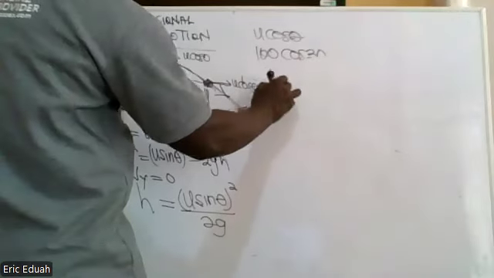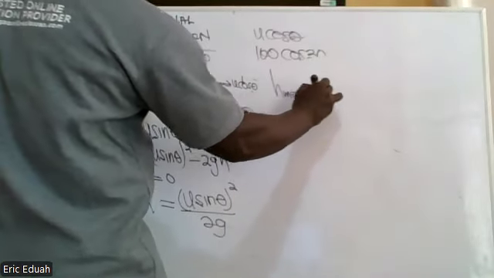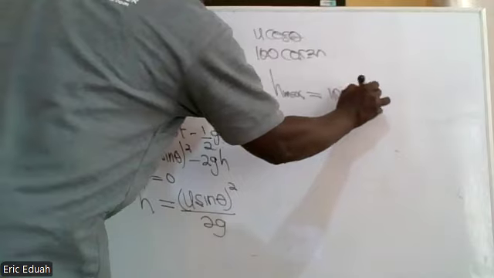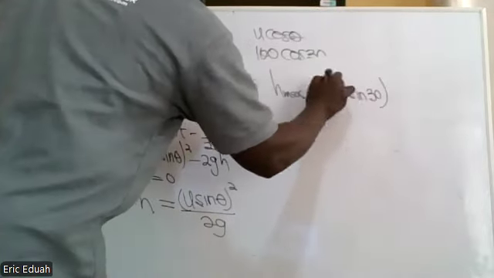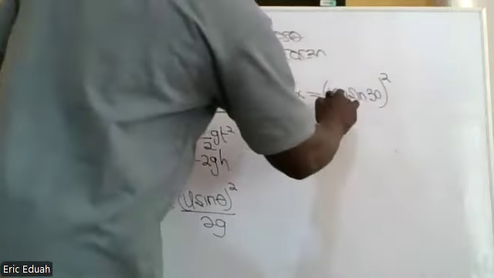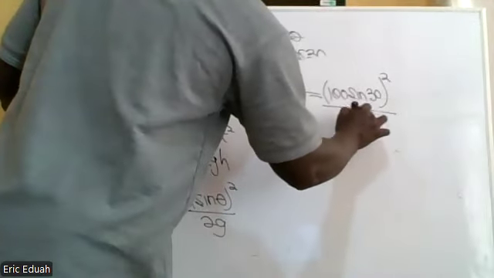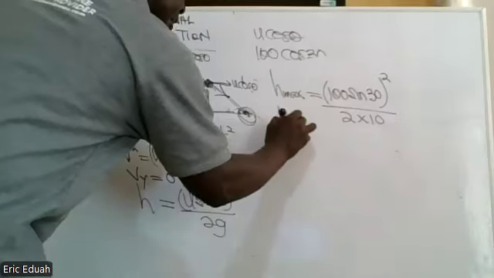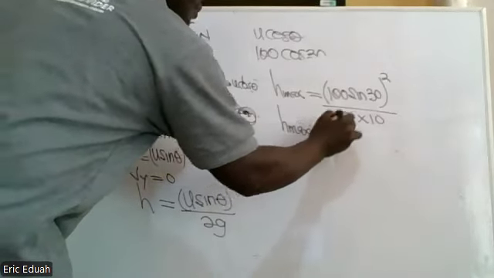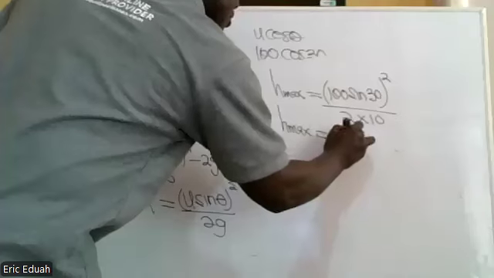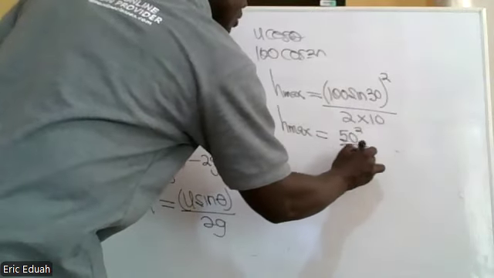So we have maximum height equal to (100 sine 30) squared divided by 2 times acceleration due to gravity, 20. H max is therefore, sine 30 is half, half times 100, so 50 squared divided by 20.